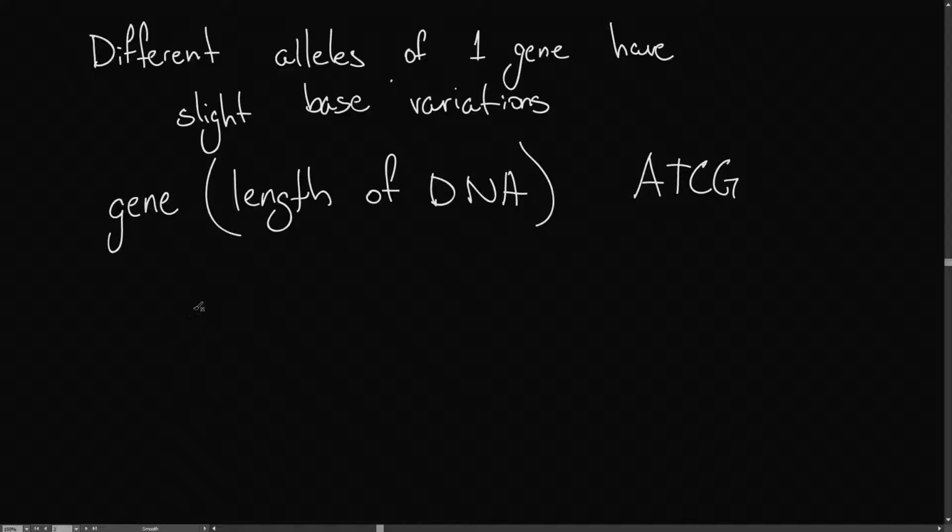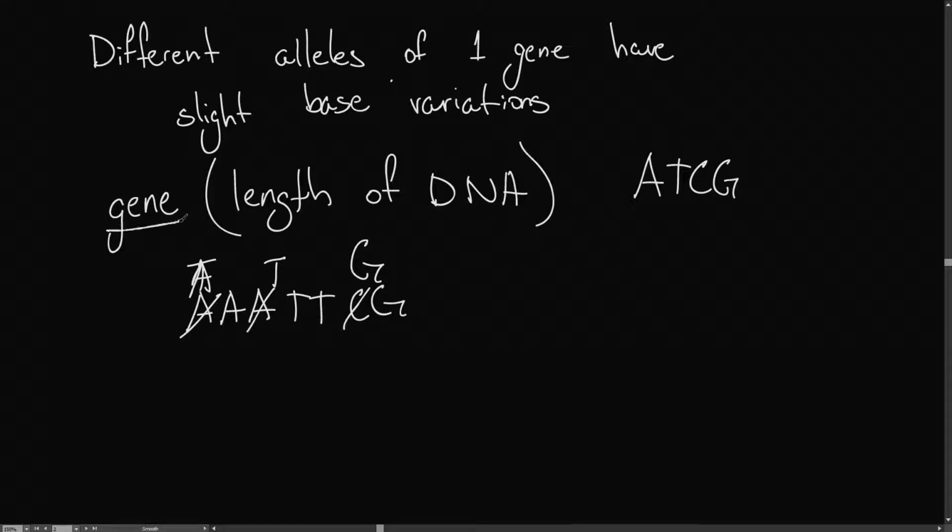So if a gene would normally go A, T, T, C, G, if we had a slight variation where instead of an A we had a T, or instead of a C we had a G, this would be an allele. Although if instead of, say, this A we had the T and this T was still an A, this would still be a different allele. But if it worked, it would still be the same gene.